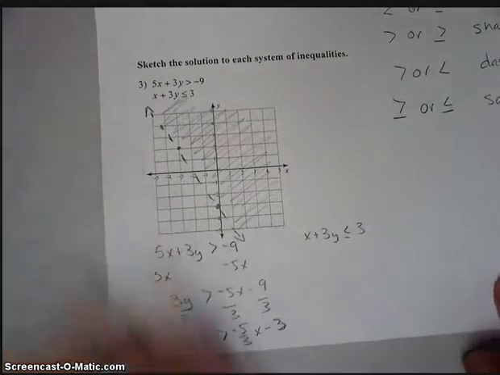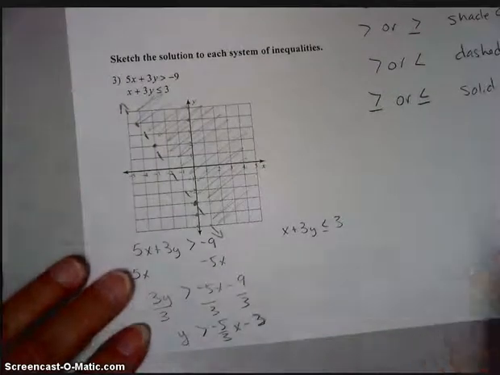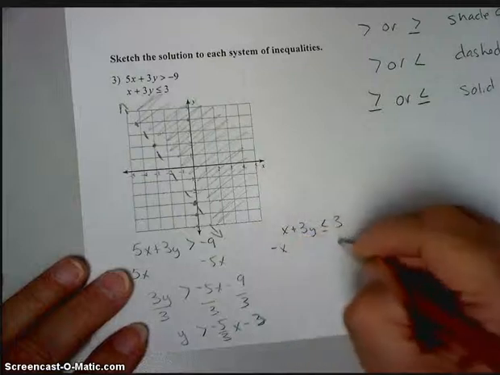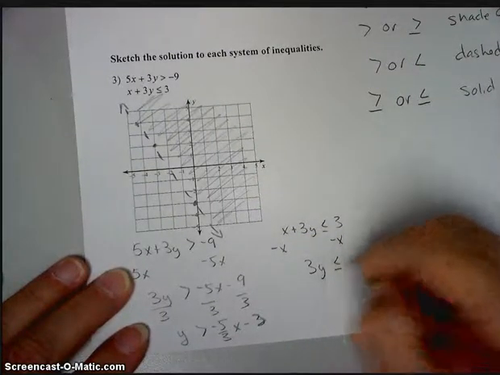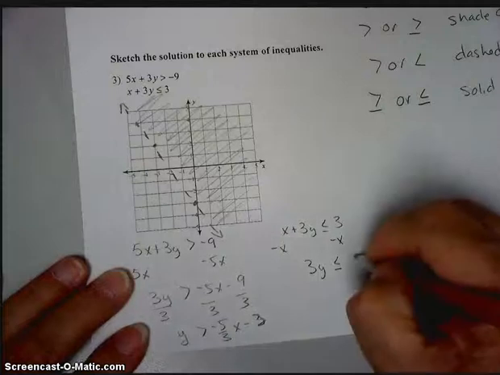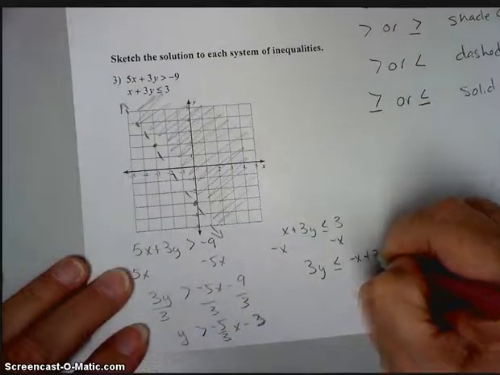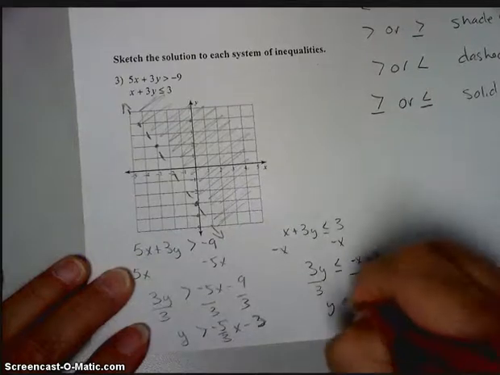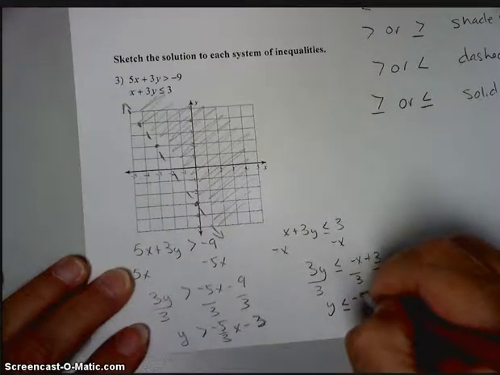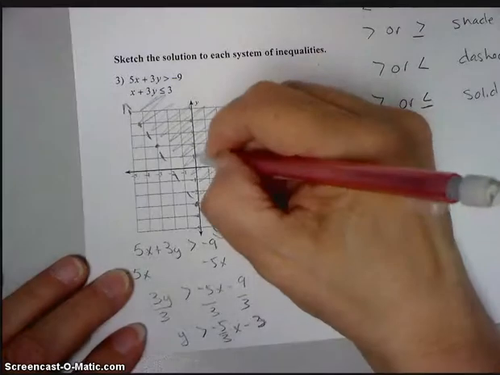Okay, so let's solve our next one. I've got to rewrite it as y equals mx plus b, so I'm going to subtract x. I have 3y is less than or equal to negative x plus 3. Divide by 3, and I get y is less than or equal to negative 1/3 x plus 1. So my y-intercept here is 1.